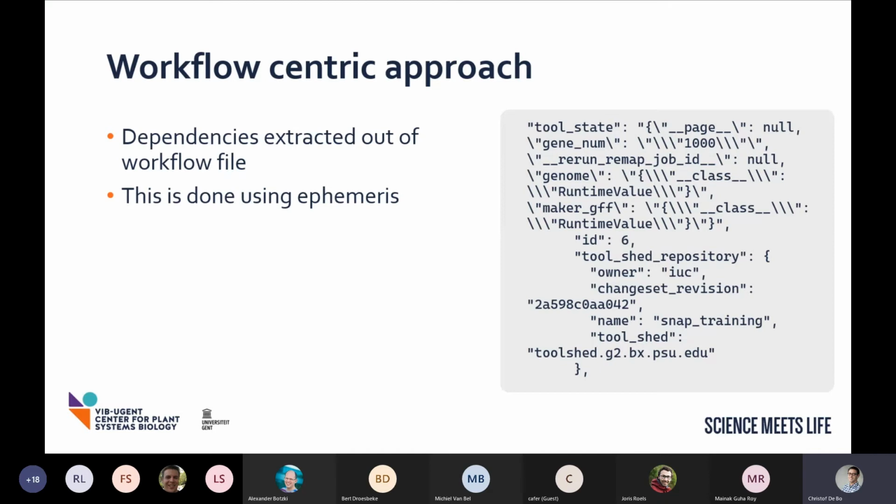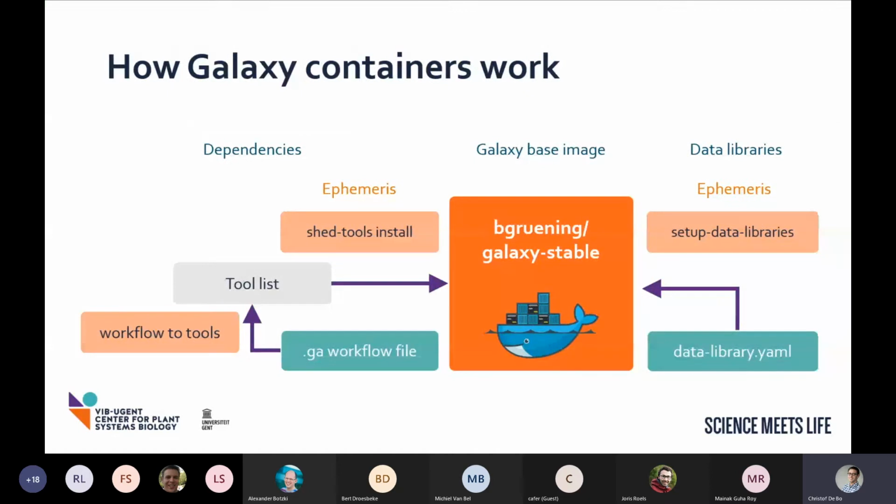This way, the container will always be able, in most cases, to run the workflow. This is done using Ephemeris, which is a Python library to manage Galaxy. And as seen here, everything we need is available.